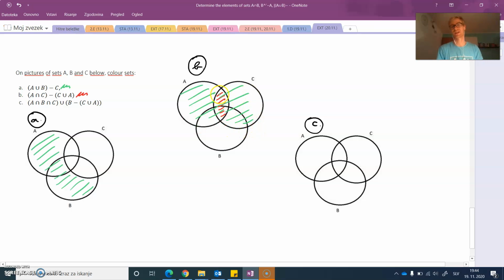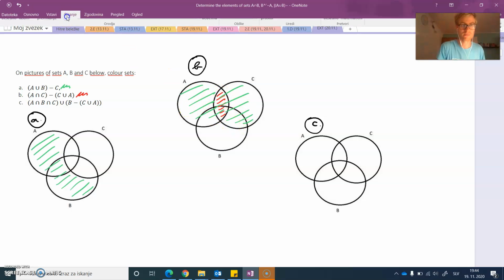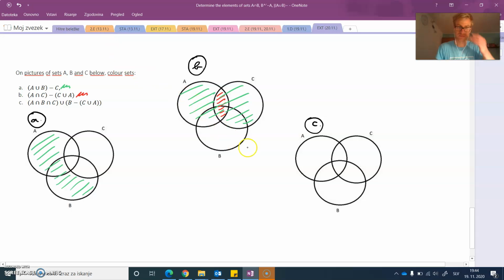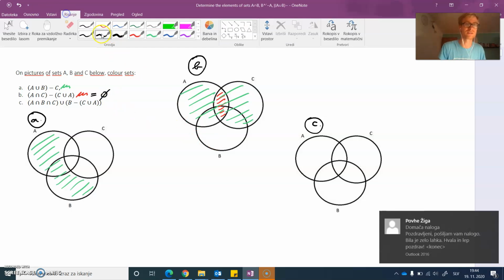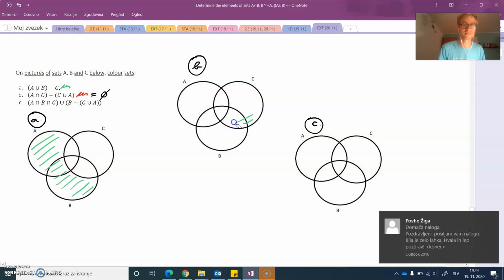From the red one, or you can paraphrase it some like this: which are the elements that the red set has and green doesn't? Well, there's nothing really. None of the elements are like that, right? So how would you color this? You wouldn't color anything, because since this is an empty set, the result of this is the empty set, and you wouldn't color anything. So the final solution is something like this.